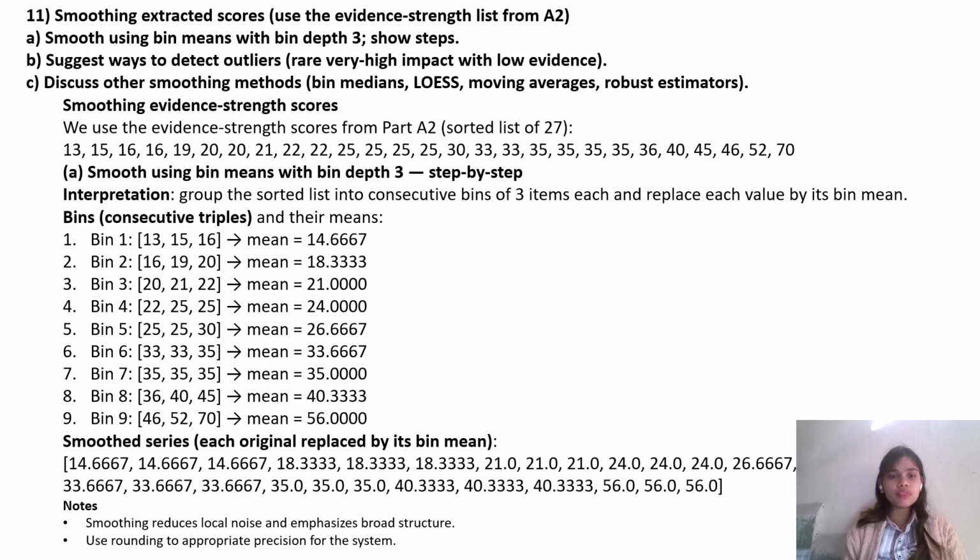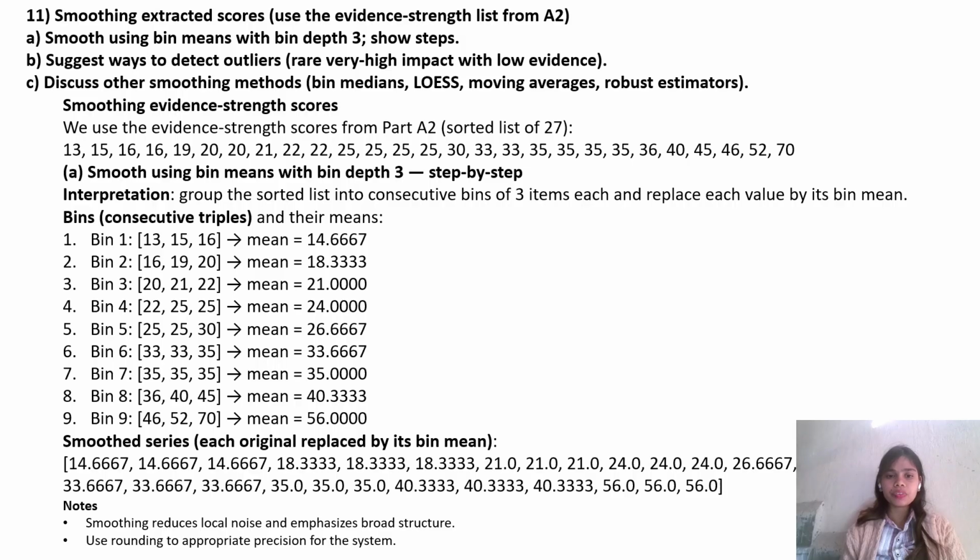Bin 5: 25, 25, 30, mean equals 26.667. Bin 6: 33, 33, 35, mean equals 35. Bin 8: 36, 40, 45, mean equals 40. Bin 9: 46, 52, 70, mean equals 56.